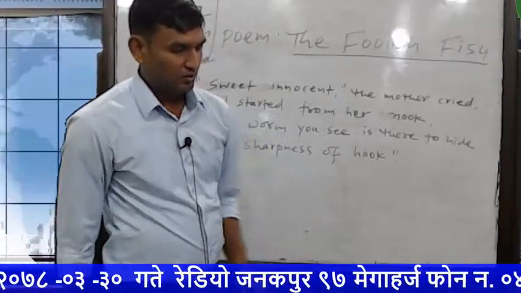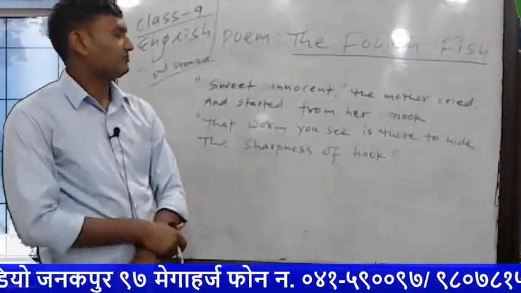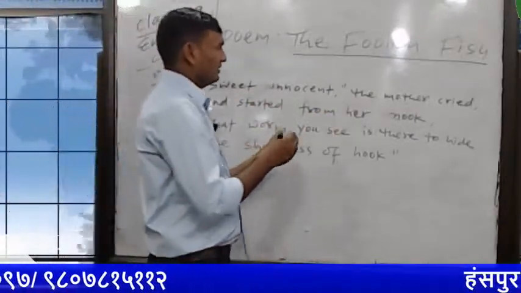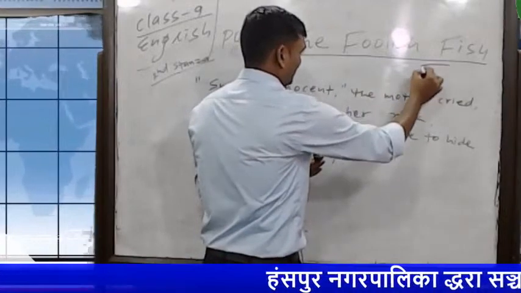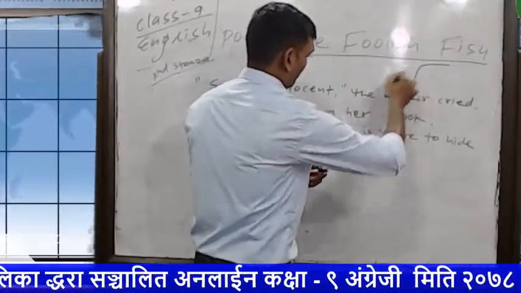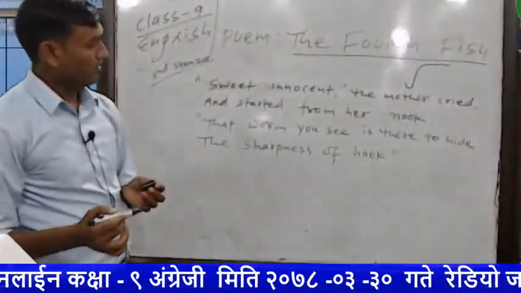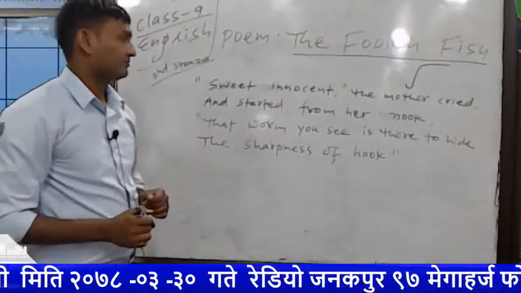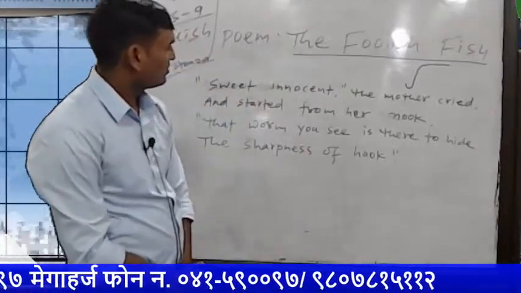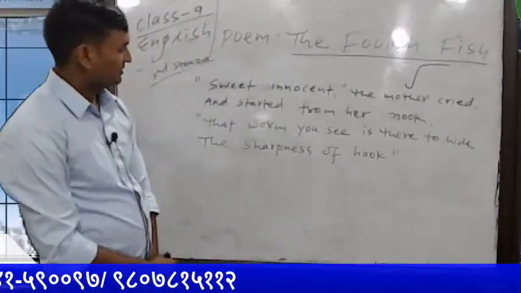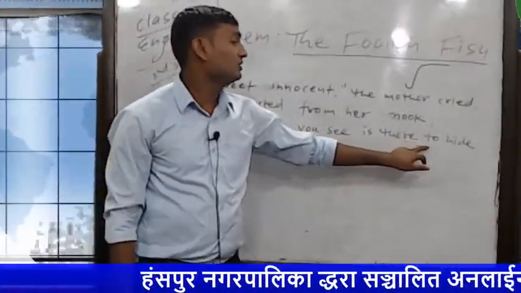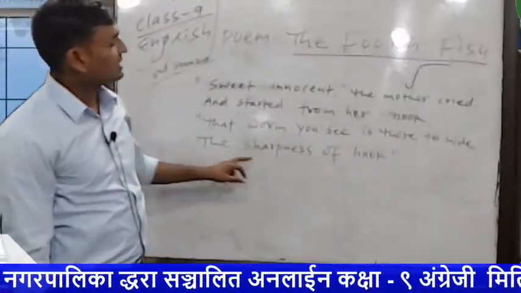What is analyze all about the worm and all corner, all side of the, it means, for example, this is hook. So mother analyzed all side of the worm, and mother said to the little fish or to her child, that worm you see is there to hide the sharpness of hook.